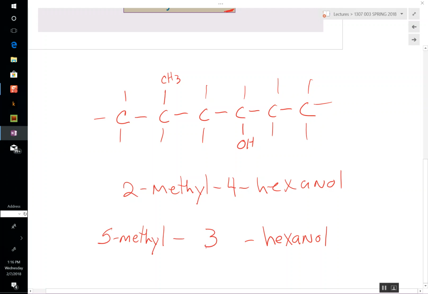Okay, all right? This proves a good point. Now notice here, we got the OL in the parent name. So whatever that functionality is, you want to count from the end closest to that functional group. That takes precedence over the methyl. Yes, this methyl is closer to that end, but that's just a substituent on an alcohol, hexanol.